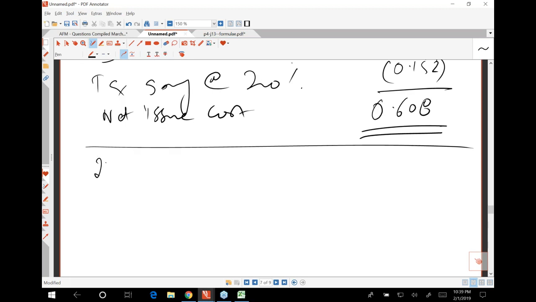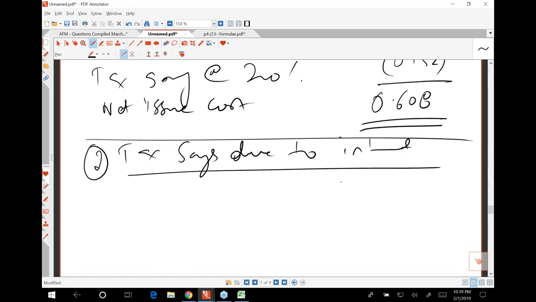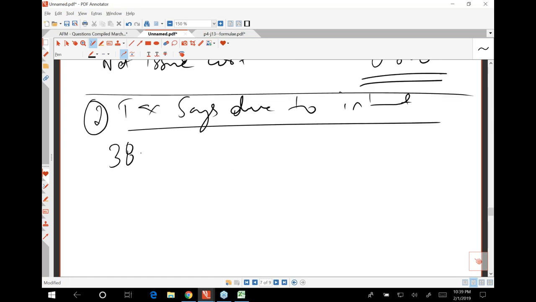Then the second one is the tax savings due to interest. One of them is the normal loan. The loan is 38 million multiplied by 40% multiplied by 4%. How much is the interest there?